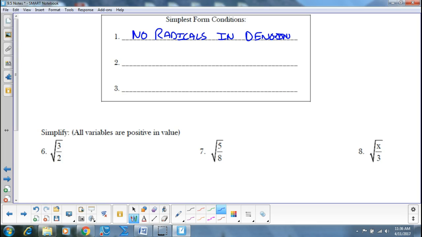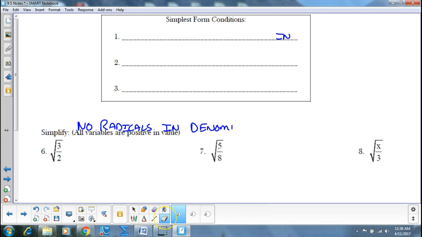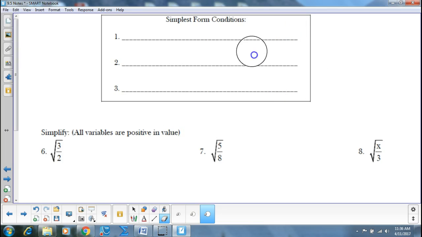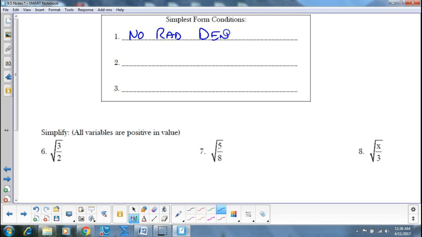Whoa, I gotta rewrite all of that. See, because there it goes again. I love the Promethean board. No radical denominators. Okay, so no radical denominators.